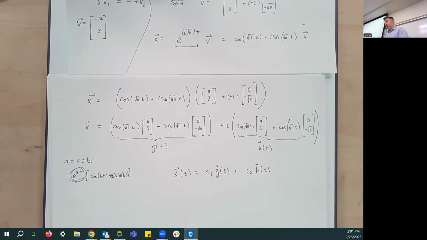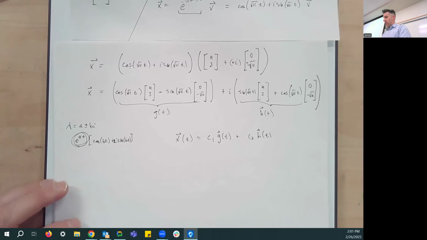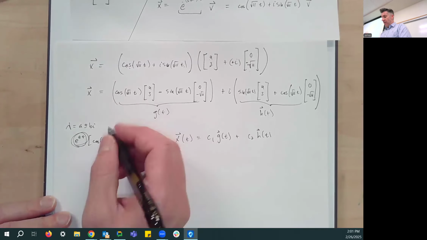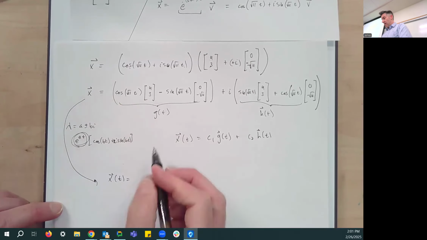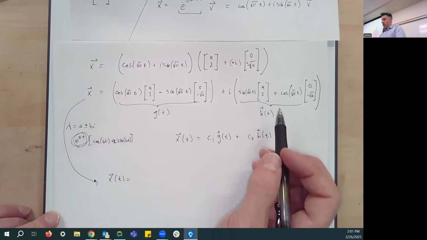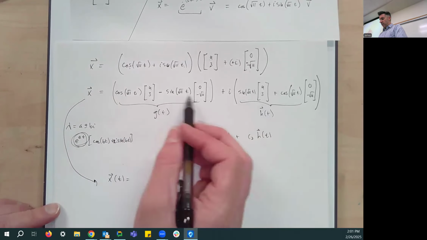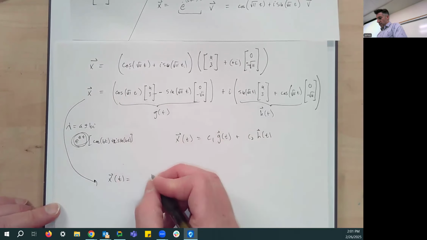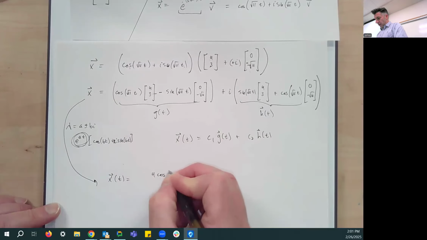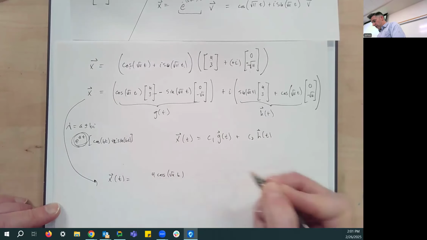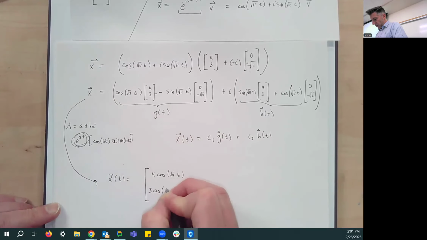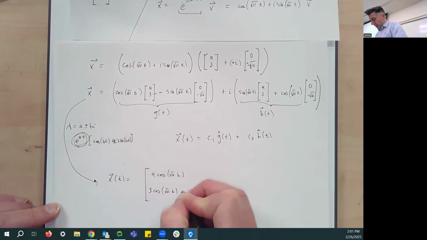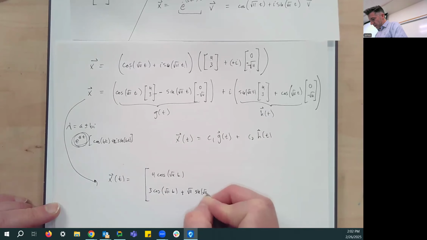I don't. On the other hand, I know we're out of time, and if you need to go, you need to go. But if it were me, I would probably do the following, just because this is how I like to do it. I'd actually combine the parts. So I like to write this part as 4 cosine of root 11t minus 0 for the first part, and then 3 cosine of root 11t plus root 11 times sine of root 11t.